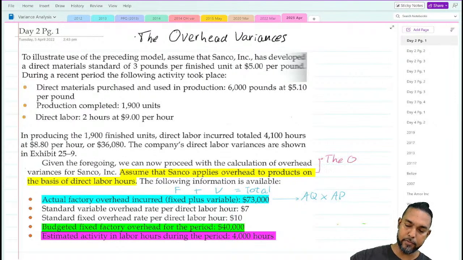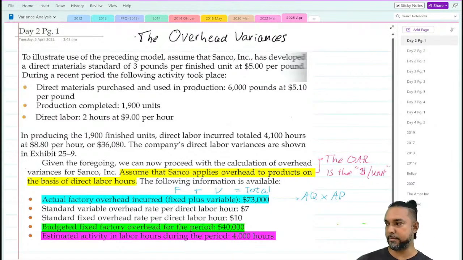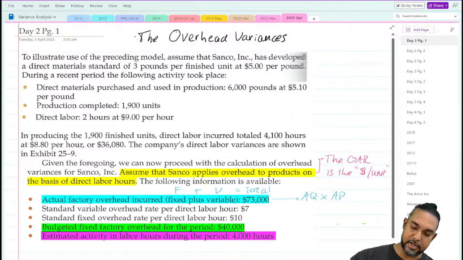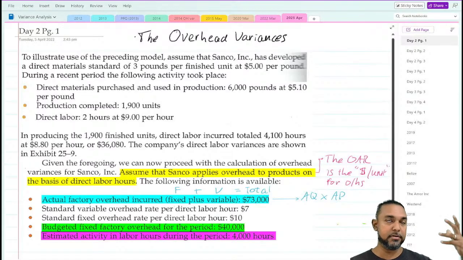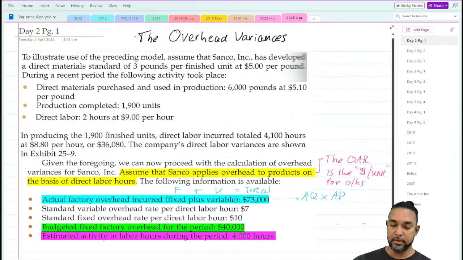The OAR, the overhead rate, can be thought of as the cost per unit, and I'm putting that in quotation marks because it's kind of a unit cost for overheads. So we're applying overheads on the basis of labor hours. The OAR, based on that, is like the cost per unit, like how we would have a cost per kilogram for materials and a cost per hour for labor. So in this case, the OAR is the cost per unit for overheads.